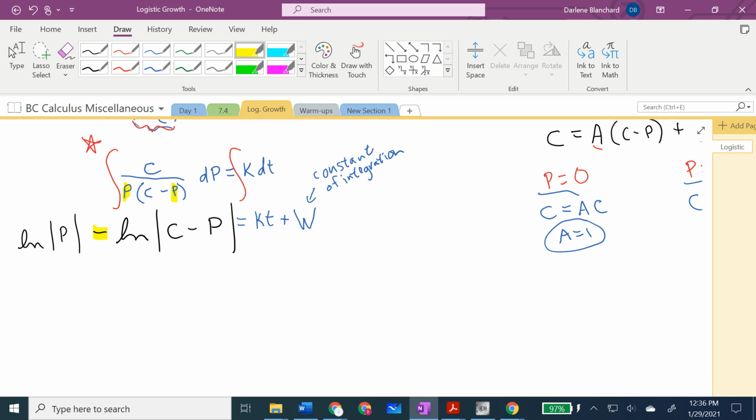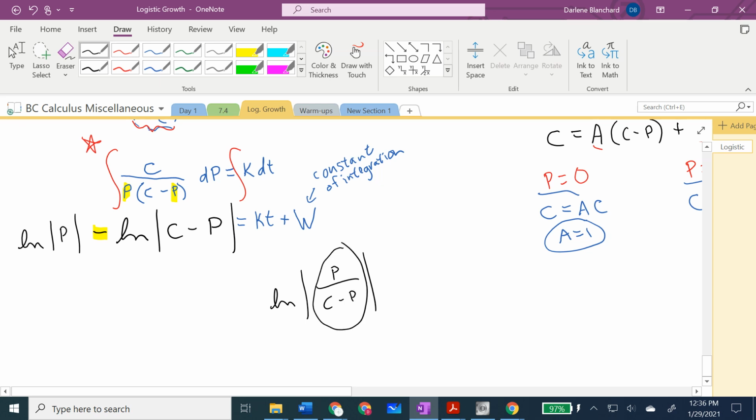Log rules. However, if I do the log rule directly right now as is, I'm going to get P divided by C minus P. This algebra is not as pleasant as this algebra.